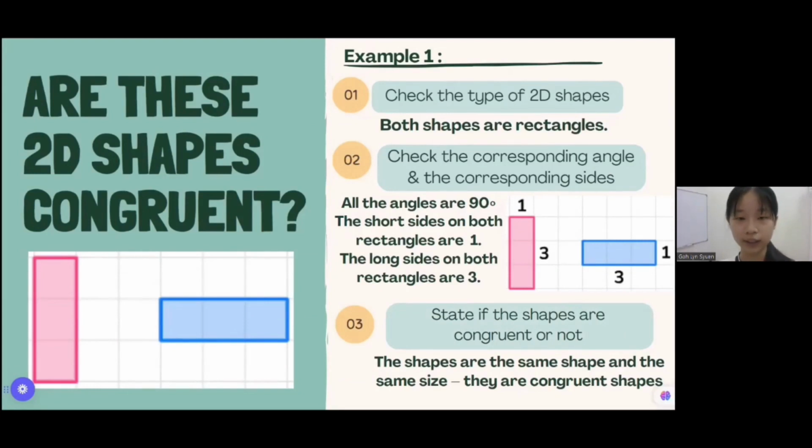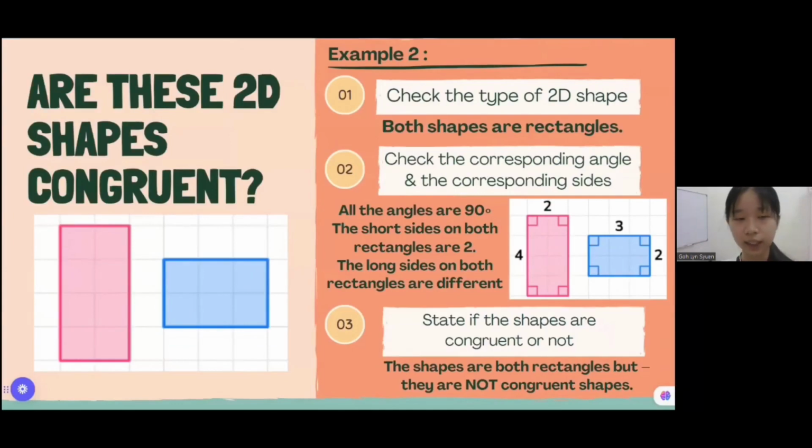We can also see that all of the angles are exactly 90 degrees. The short sides on both rectangles are 1, and the long sides on both rectangles are 3. So lastly, we state if the shapes are congruent or not. We can see that these two shapes are congruent because they are of the same shape and the same size.